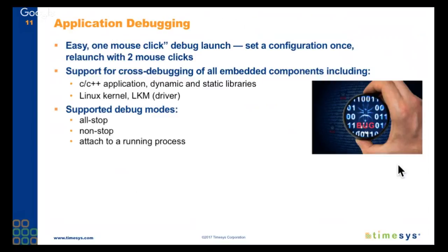The debugger in TimeStorm supports different modes. I've mentioned here all-stop mode and non-stop mode. That makes sense for multi-threaded applications. Say you have a breakpoint somewhere in the code, and the debugger hits that breakpoint. In all-stop mode, all the threads are going to be suspended.